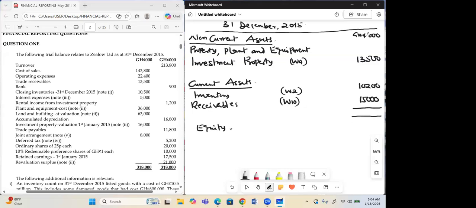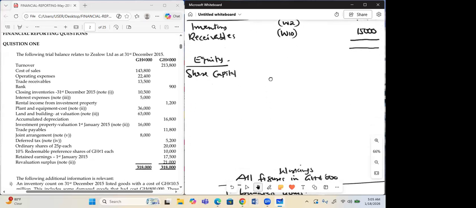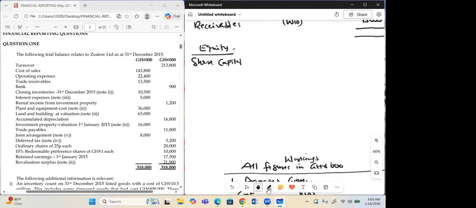Now, when you go to equity, you don't waste your time. The values you got in the statement of changes in equity, you just transfer them here. Share capital, if you watch our statement of changes in equity, we got 20,000. Then we got retained earnings 48,000.